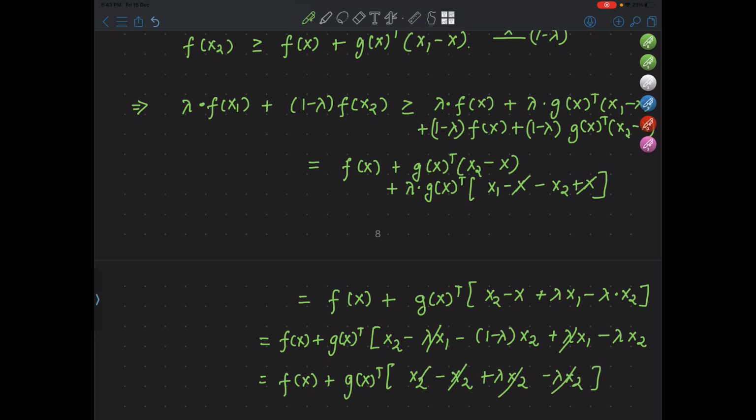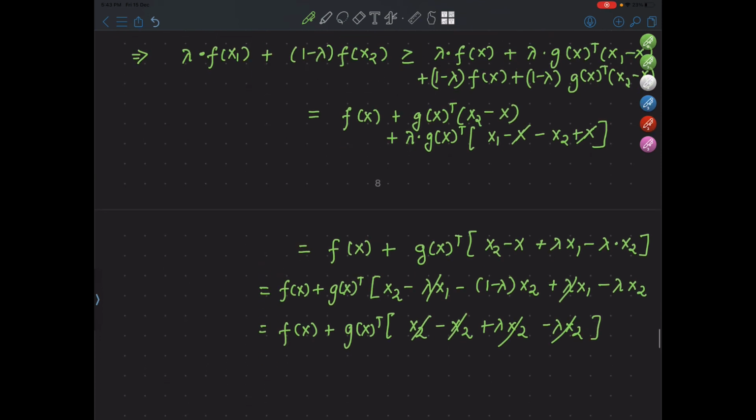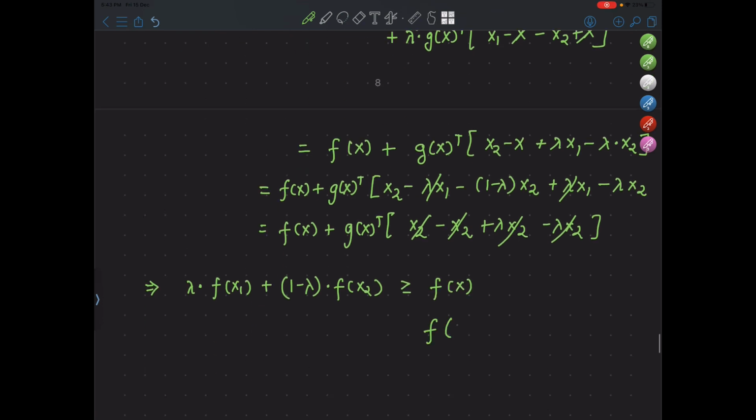So everything gets cancelled, which means we are left with lambda f(x1) plus (1 minus lambda) times f(x2) greater than or equal to f(x). And if we expand x, we get f of lambda x1 plus (1 minus lambda) x2, which means f is a convex function.